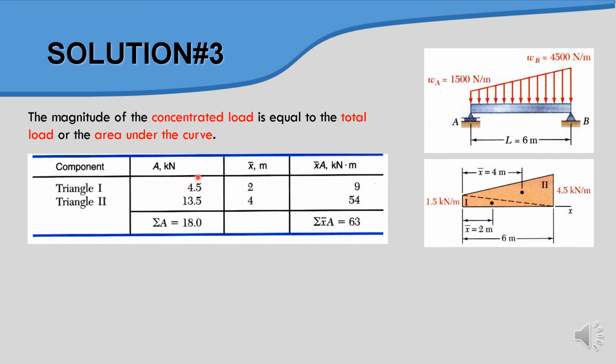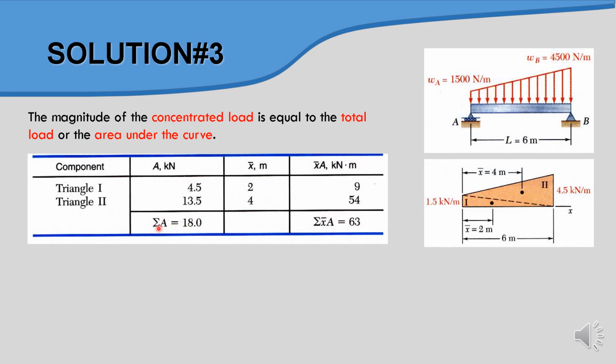For triangle number 2, we have 6 meter multiplied by 4.5 and divided by 2, and we get 13.5. For the x bar, using the common shape of a triangle, we have C divided by 3, and in this case also C divided by 3, but this location is from here to here, and then the rest from here to here is 4. So we have 4 here. We multiply, get this value, and total up, and we get this number.